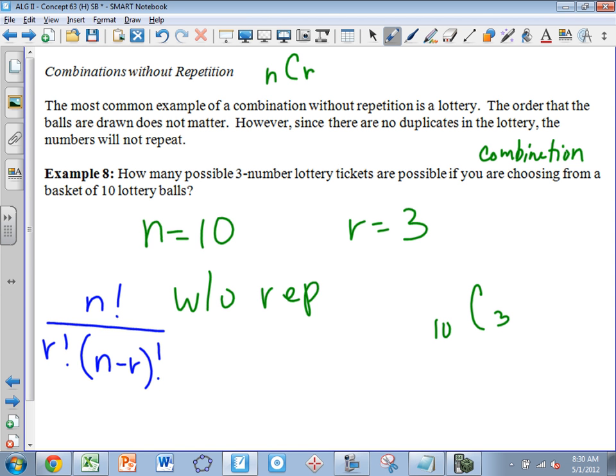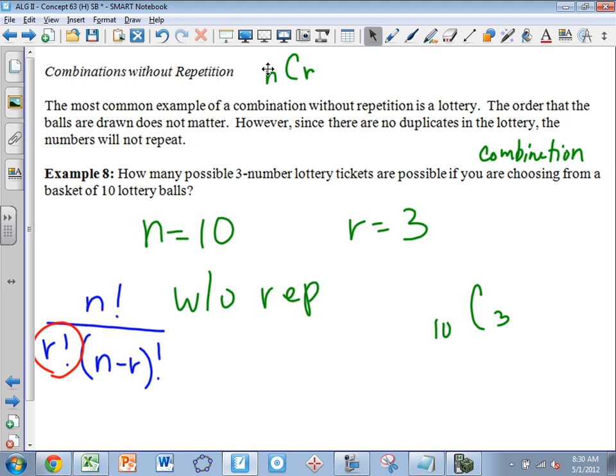Remember, permutations without repetition, you don't need to memorize that formula either. It's the same thing as combinations, but for combinations there's this additional R factorial in the denominator. So it's 10C3.